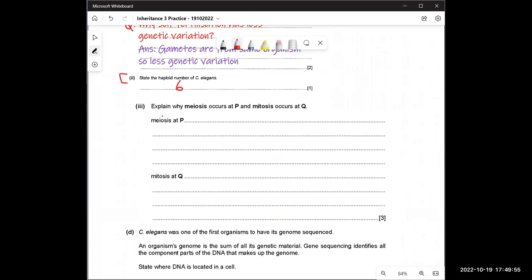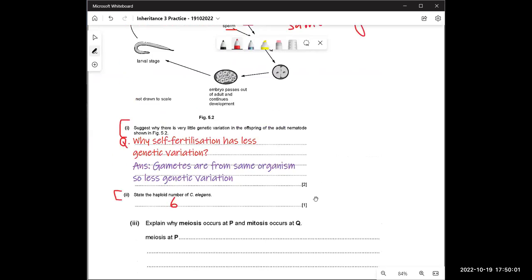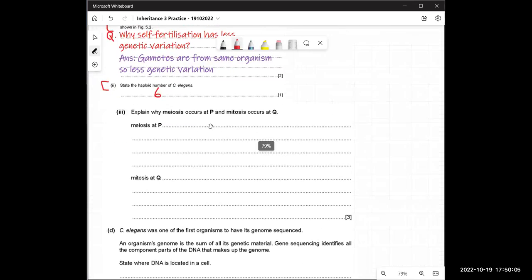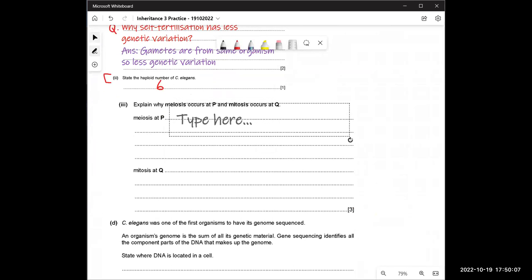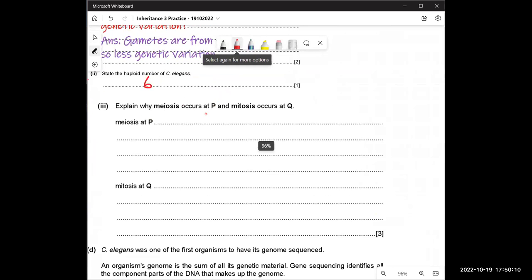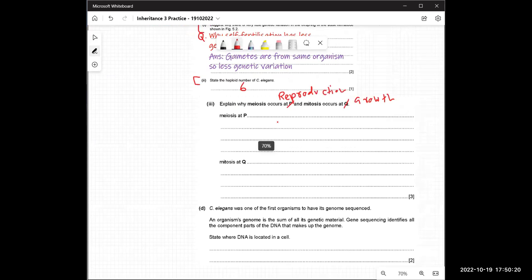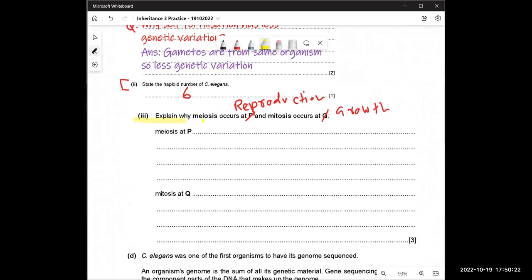Next thing is, the question is happening here. This is called reproduction. And this is called growth. Read the question, Lula.